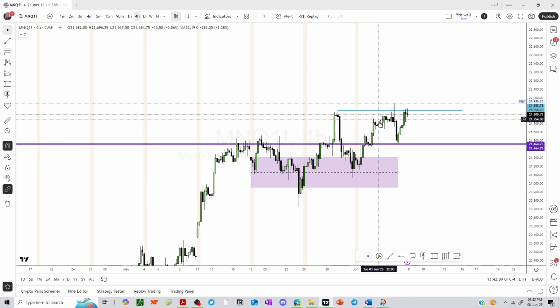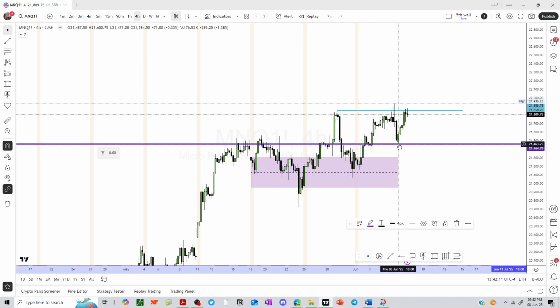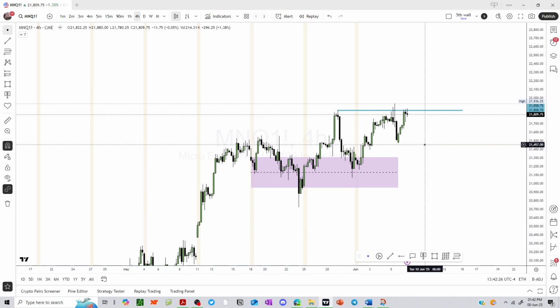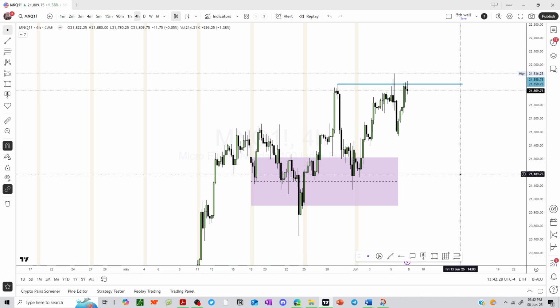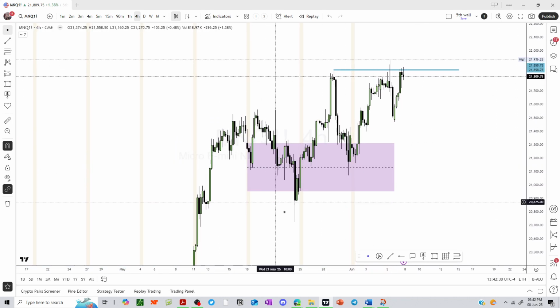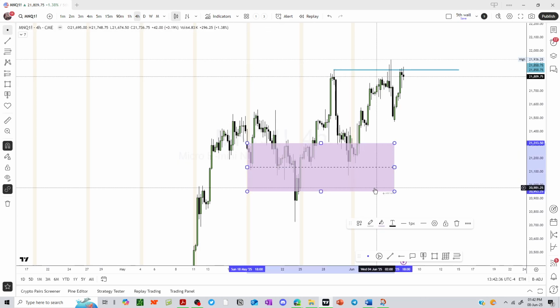You still see price reacting to it, and you can see 21,464.75, and this low would be 21,471. So it dug in there. Anyway, I'm going to take that off because I didn't use it. It's the order block. So we have that as a level.